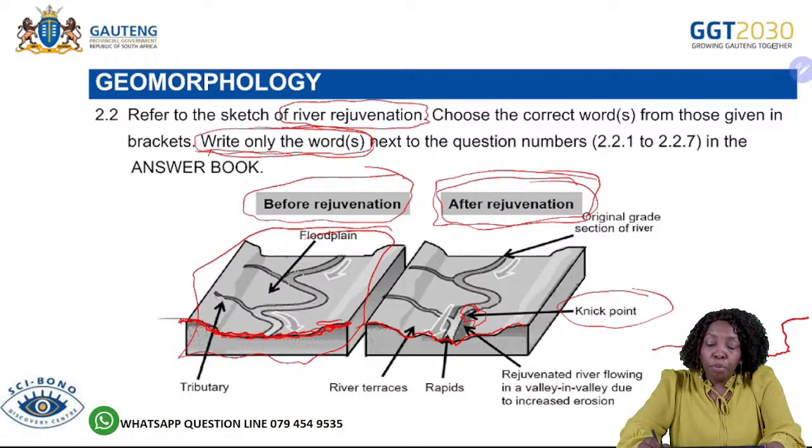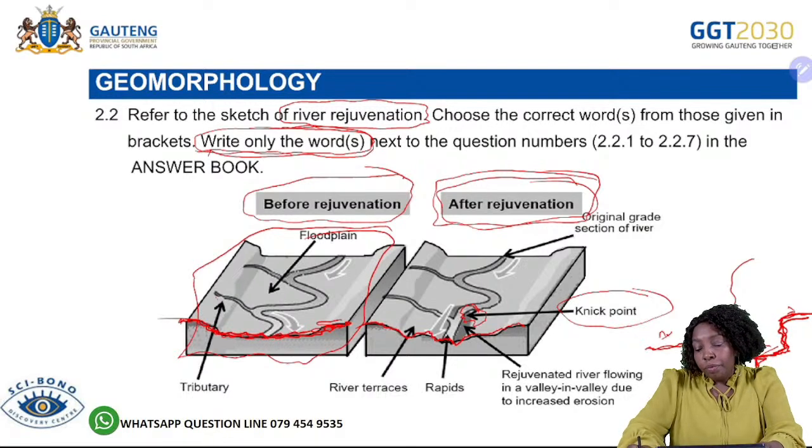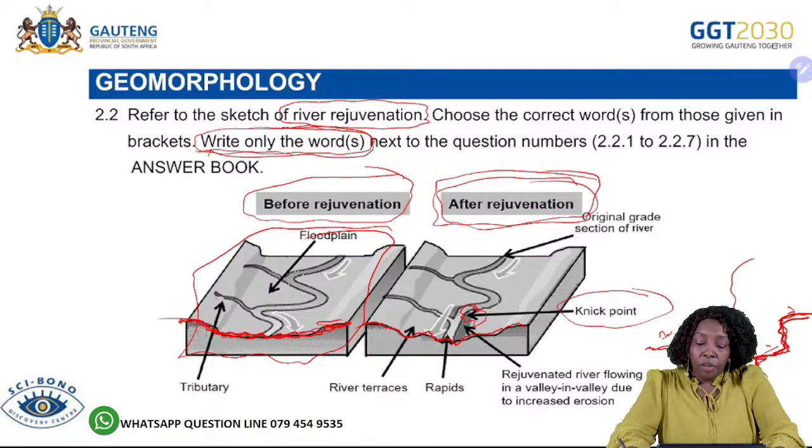Initially the valley was at this position, and then because of vertical erosion, we see the development of another valley here, and the river would be flowing in between this development of valleys within another valley. So here we see that undulating feature showing us the development of valleys within a valley.